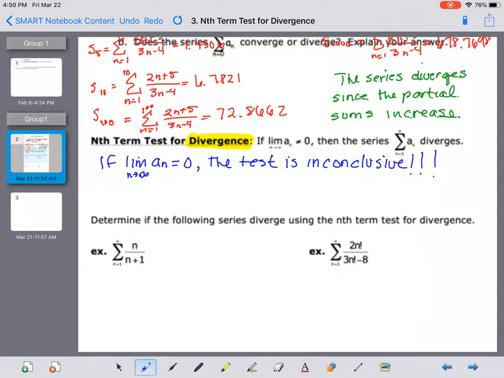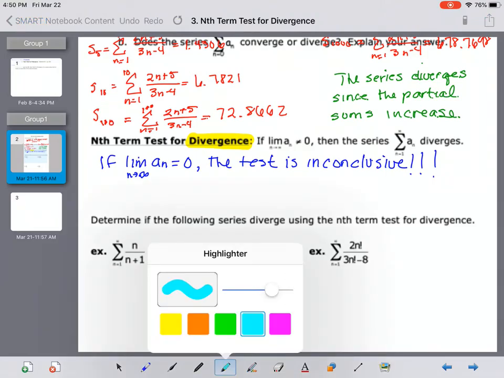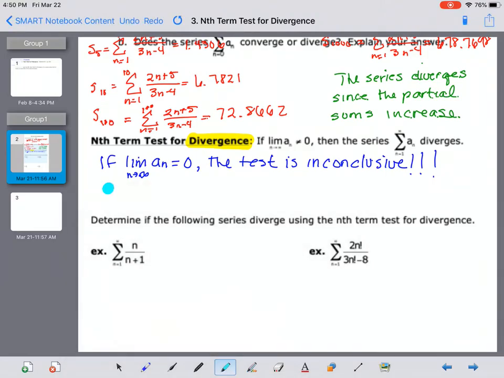And I can't express that enough. If the limit does equal 0, that doesn't mean it converges. That just means we can't prove that it diverges. We're going to have to go to something else. Please highlight that. That is an important thing to always remember. Okay, write that down and highlight that. Okay. So the nth term test for divergence only proves divergence. It does not prove convergence at all.